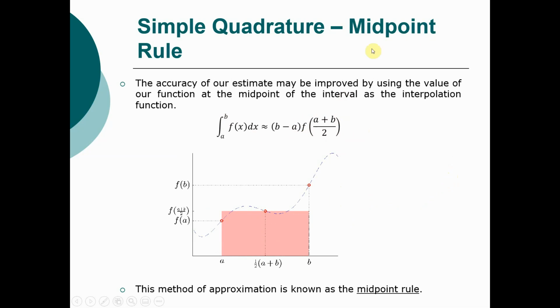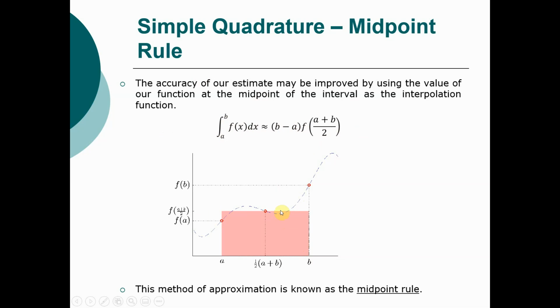And this is called the midpoint rule, the midpoint rectangle rule. So we are basically approximating f of x through the whole interval between a and b with this constant, which is f of a plus b over 2. This is called the midpoint rule, right? If this is a constant, it comes out of the integral, and the result is going to be b minus a times that constant, right?